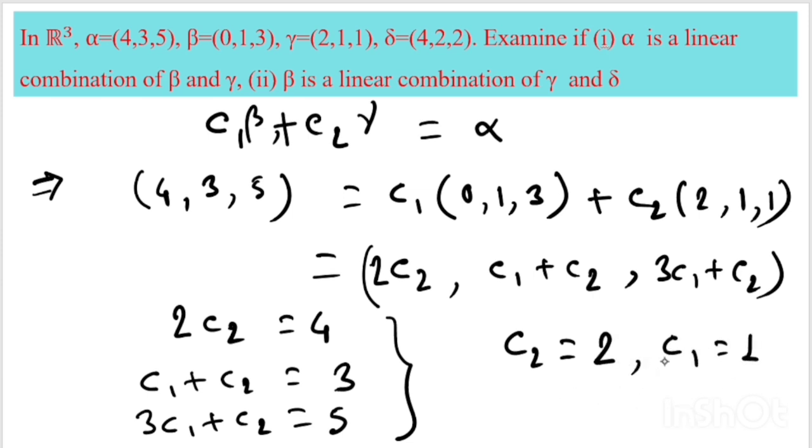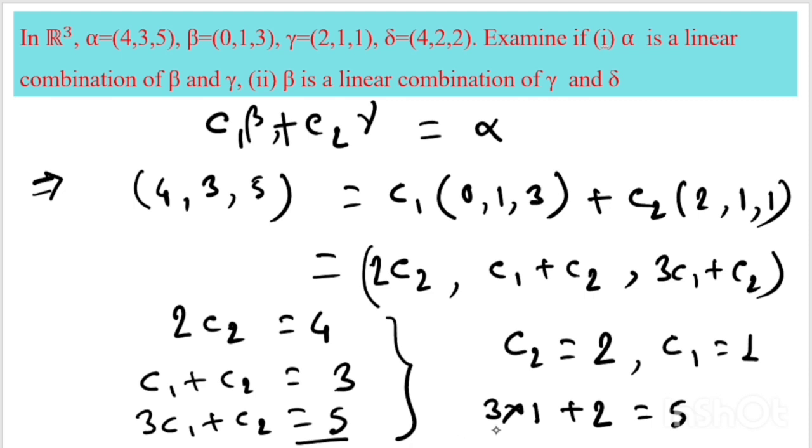Now we put the values of c1 and c2 in the third equation and check whether these values satisfy the third equation or not. 3 into 1 plus 2, which is 5. So the values of c1 and c2 satisfy the third equation.